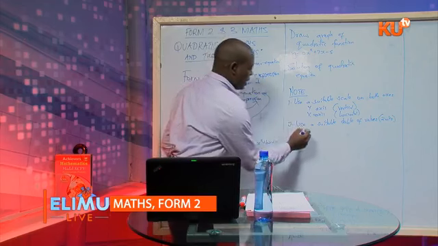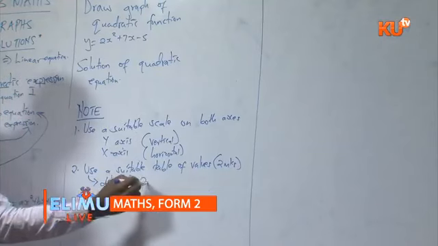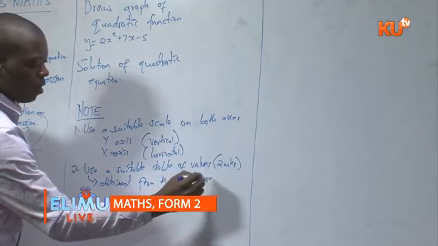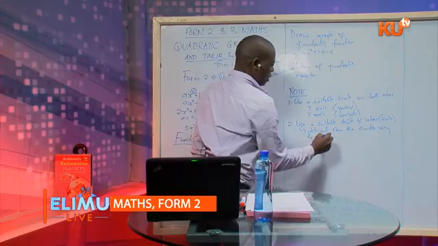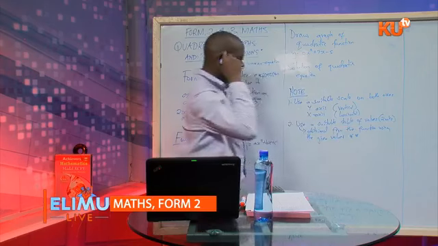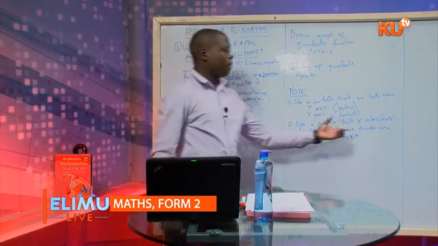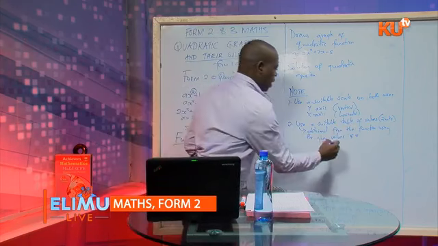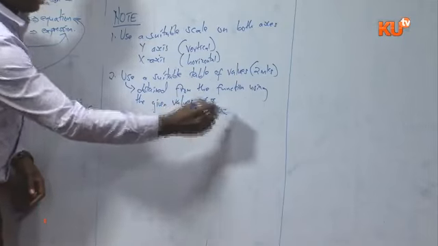These values are obtained from the function using the given values of x. When you're using the given values of x, we obtain the values of y by substituting in the function y equals ax squared plus bx plus c.